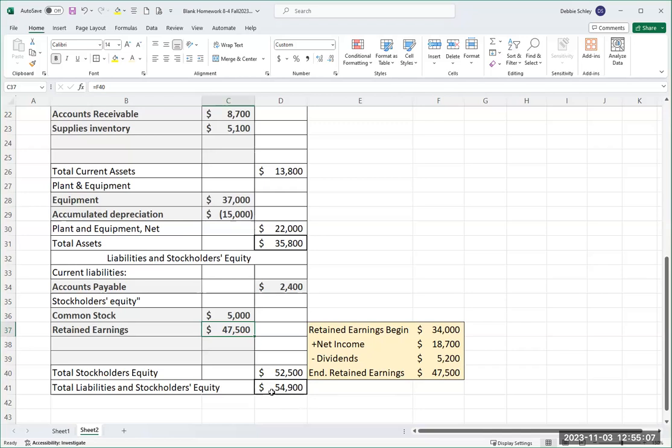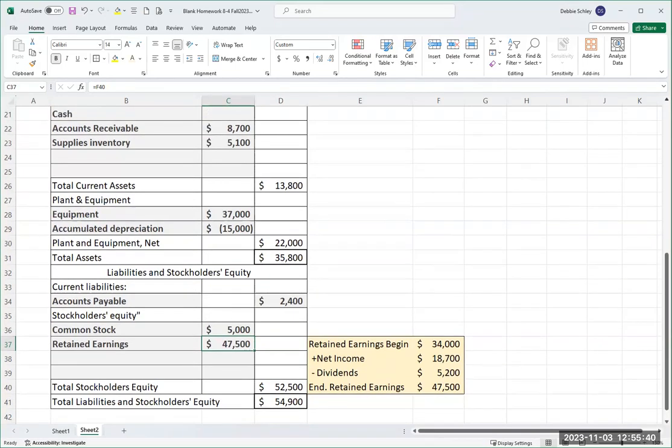I now have my total, and I'll just explain really quick. For liabilities and stockholders' equity, common stock and retained earnings are added together to get the 52,500, and then my accounts payable plus the total stockholders' equity equals my total liabilities and stockholders' equity. Now, if you'll remember, on a balance sheet, total liabilities and stockholders' equity equals total assets, which right now you can see are not the same.